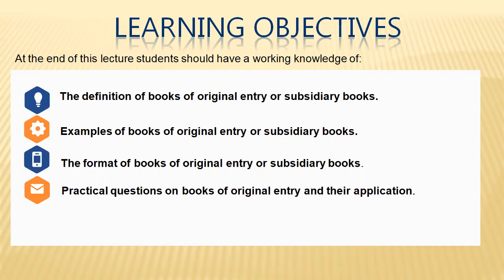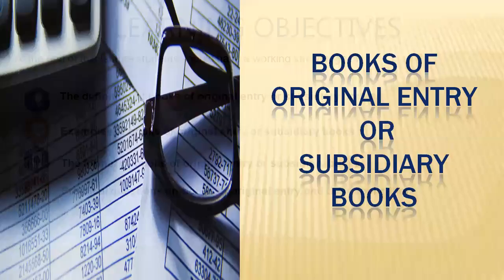And lastly, we're going to be looking at practical questions in relation to books of original entry and the applications on how we can treat each and every one of them.